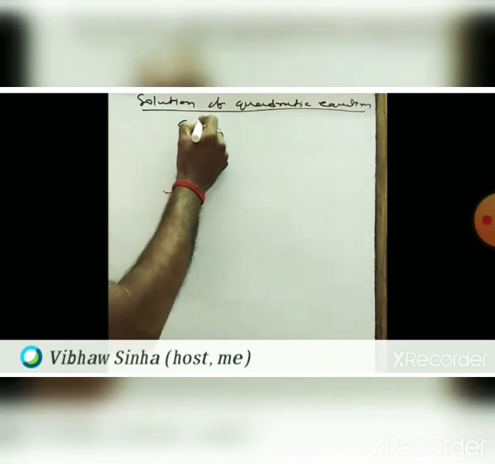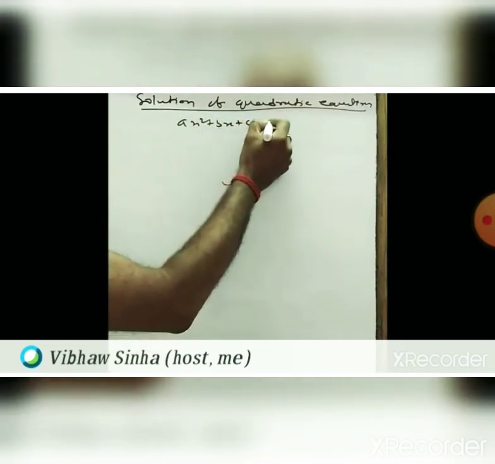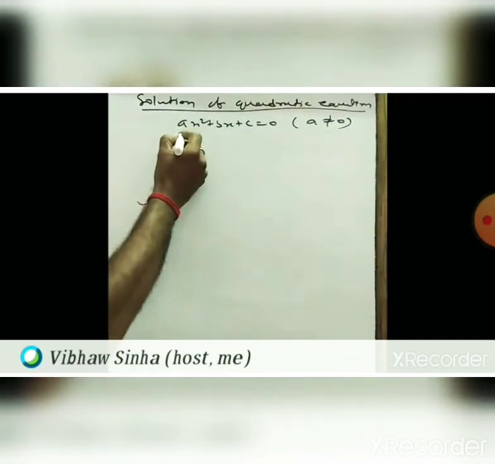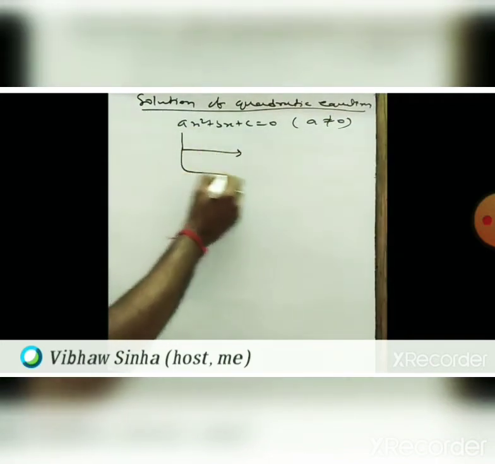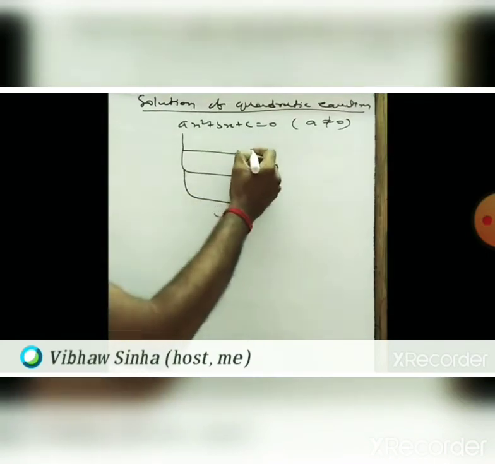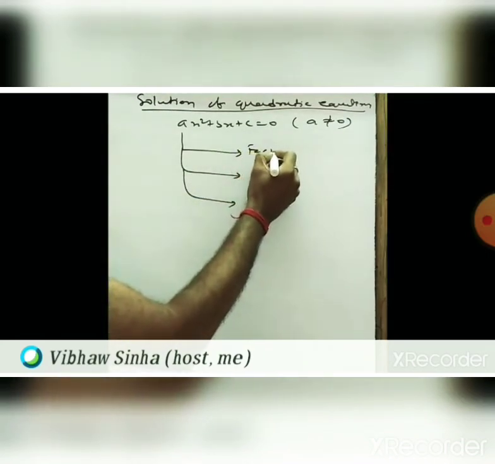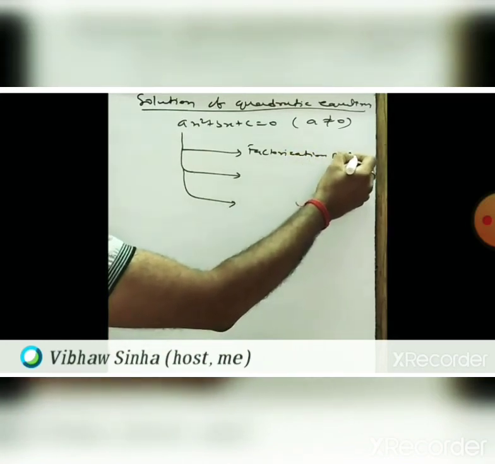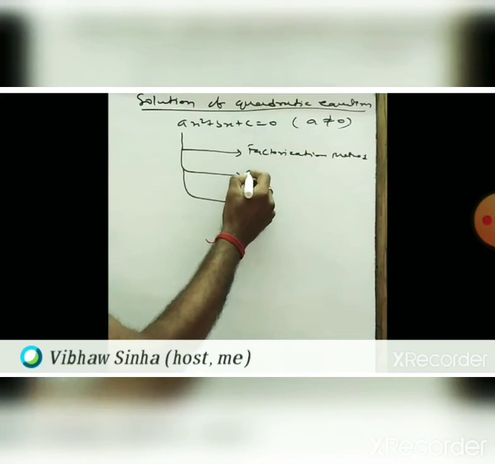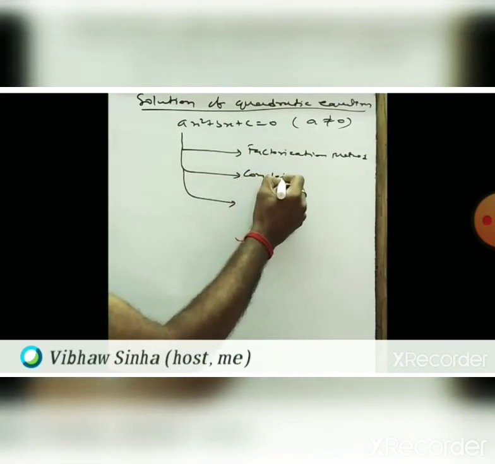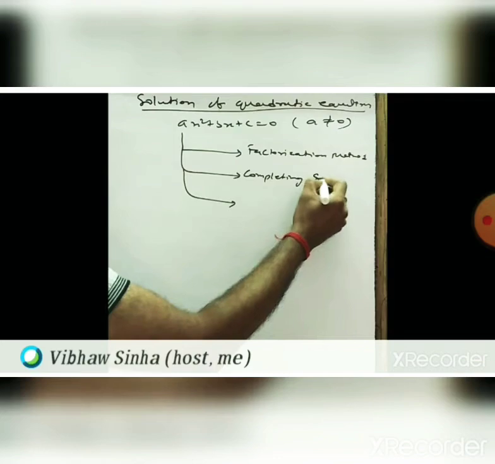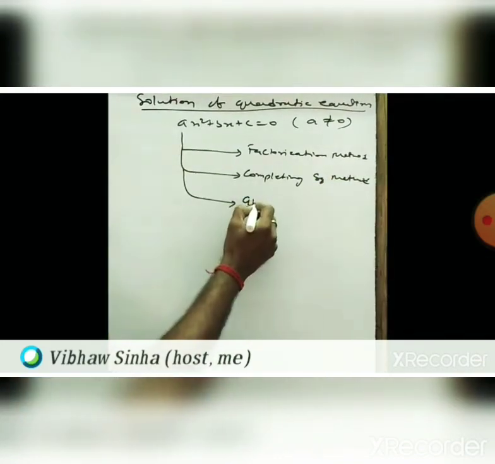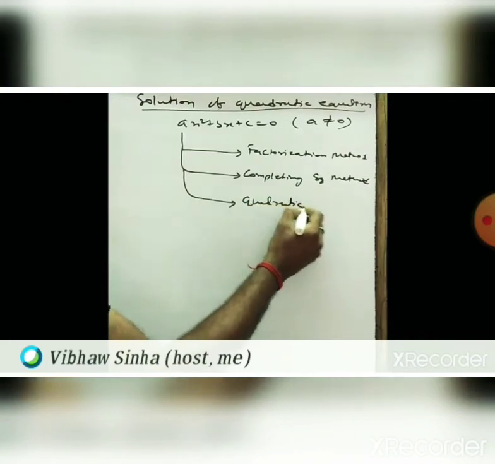For a quadratic equation ax square plus bx plus c equal to 0, where a is not equal to 0, there are three methods. First is the factorization method. Another is the completing square method, and the third one is the quadratic formula.